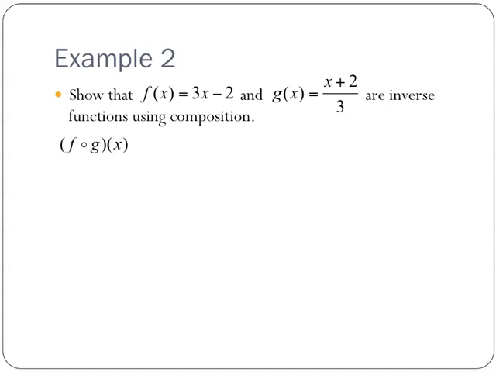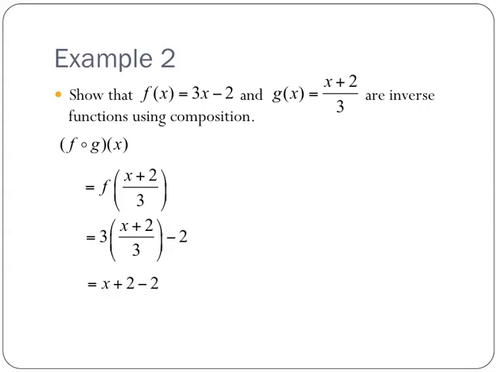So if the inner function here is g of x, we are going to plug in (x plus 2) over 3 into the function f. So this would be 3 times (x plus 2) over 3, minus 2. Multiply that, and it looks like the 3's cancel. You're left with x plus 2 minus 2, and the 2's cancel, and that leaves you with x.